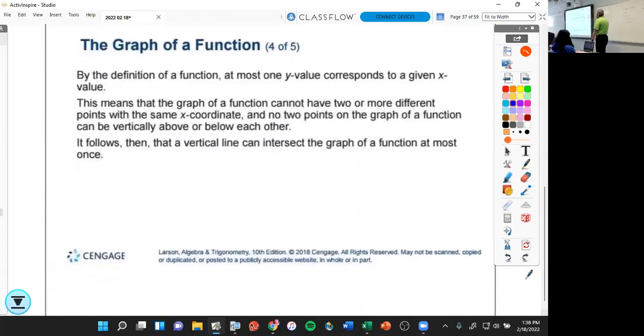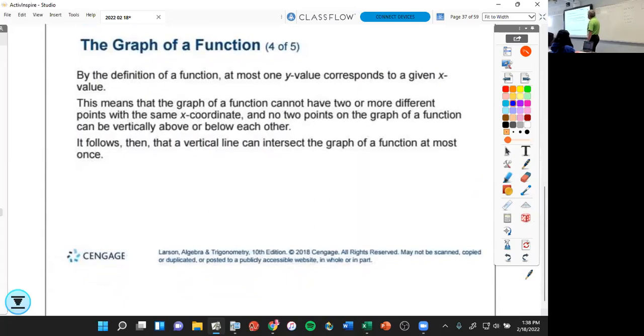By definition of a function, at most one y value corresponds to a given x value. We usually say it the other way around. We usually say for every x value there is one y, right? And if there's two y for one x, it's not a function, okay? So a function cannot have two or more different points with the same x coordinate.